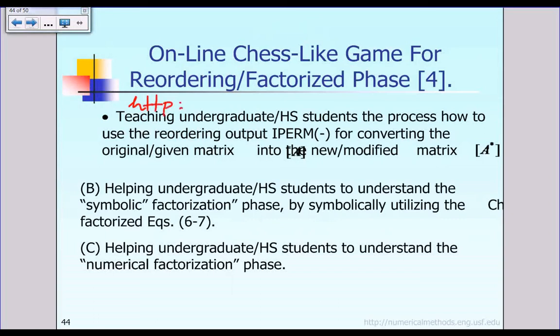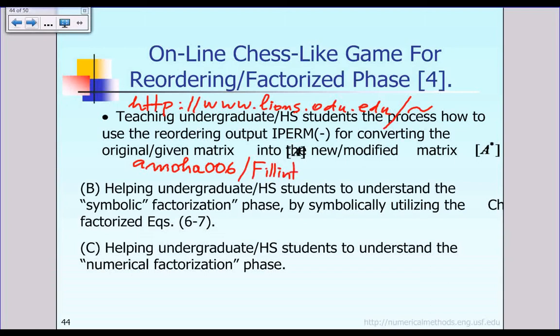http, World Wide Web, lions.odu.edu/tutor, and continue to type Amoha 006, AMOHA 006, slash capital F, fill in terms in one word, slash, capital, okay, not a dot.